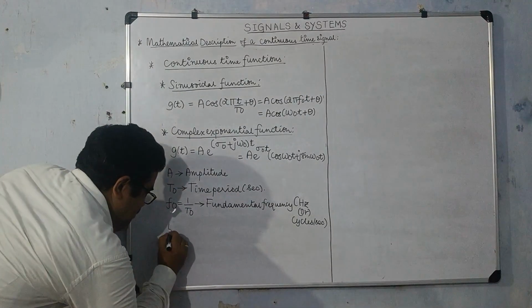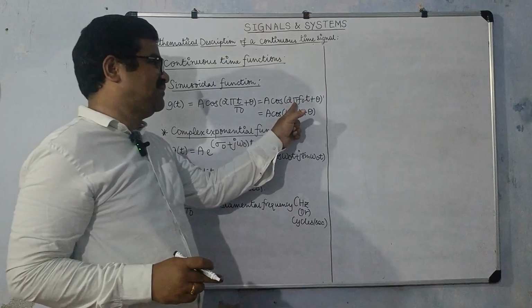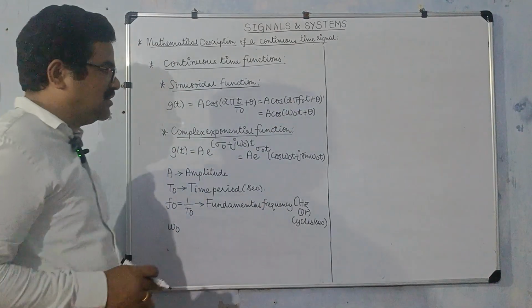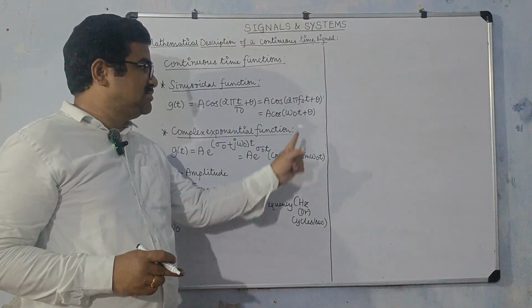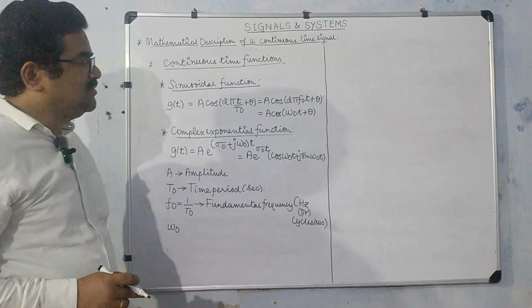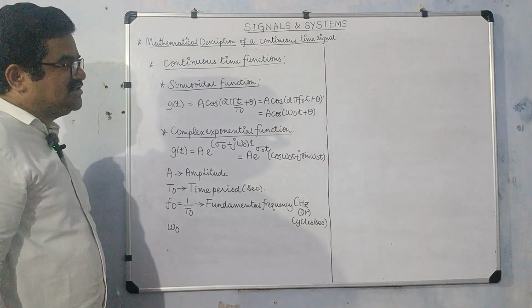Now one more parameter is omega naught, which is actually 2 pi f naught. That is, f naught is actually the number of cycles per second, so cycles per second into 2 pi. 2 pi is the number of radians per one cycle.